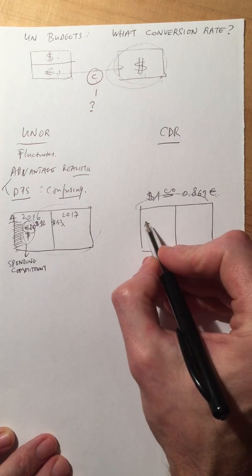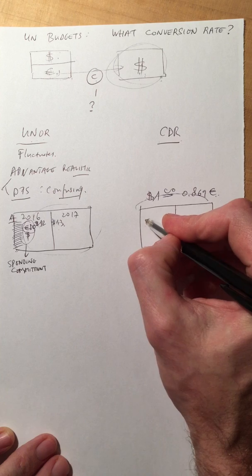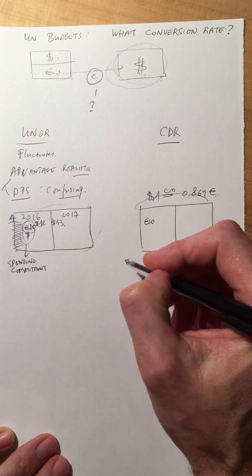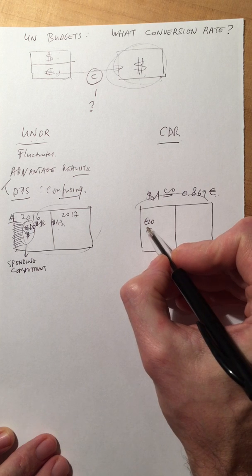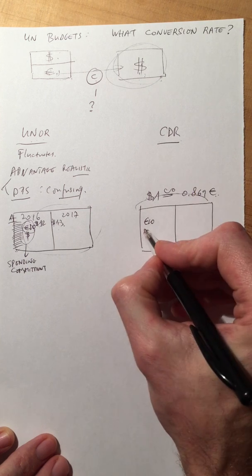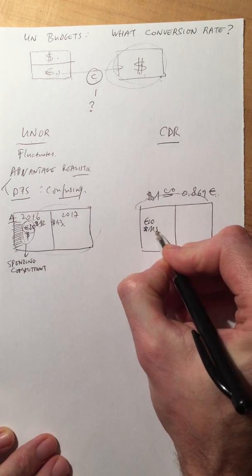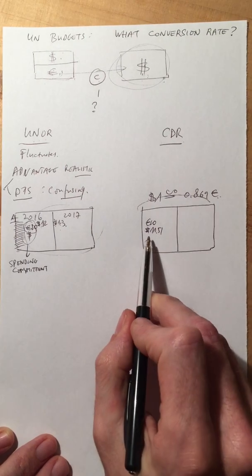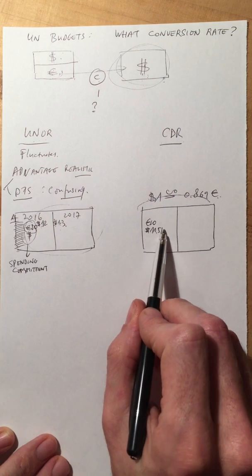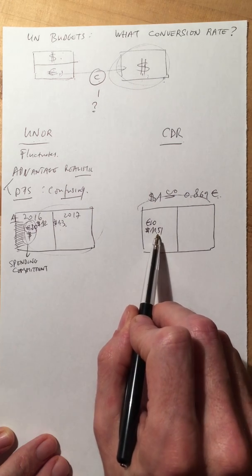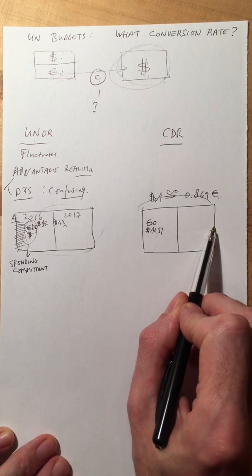That means that if the organization commits to spending 10 euros during the biennium on a specific program, in that budget it will be presented as $11.51, and it will be presented again as $11.51 during all of the biennium.